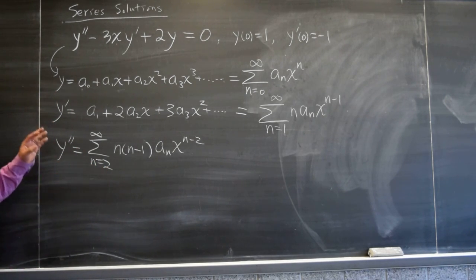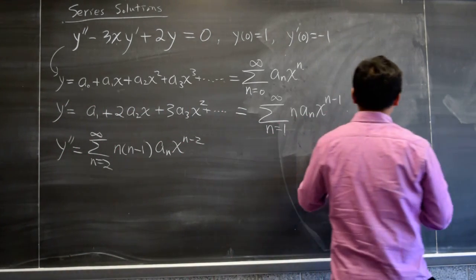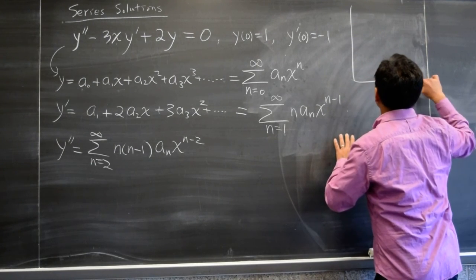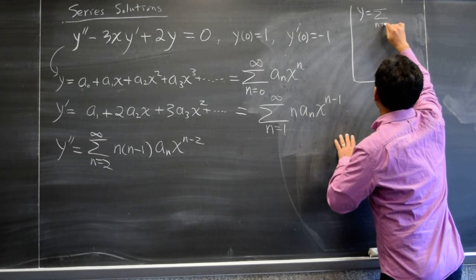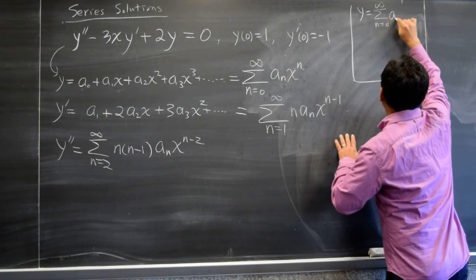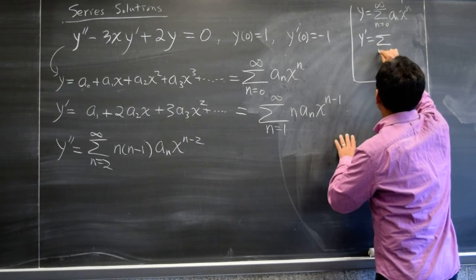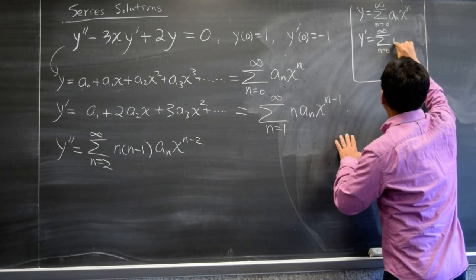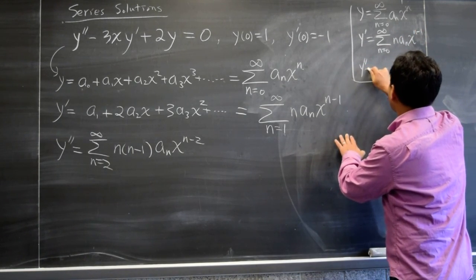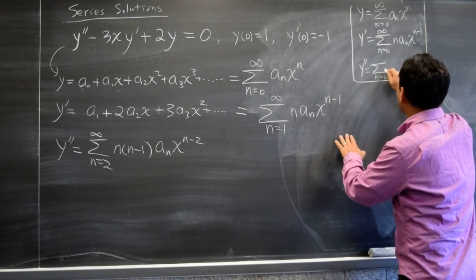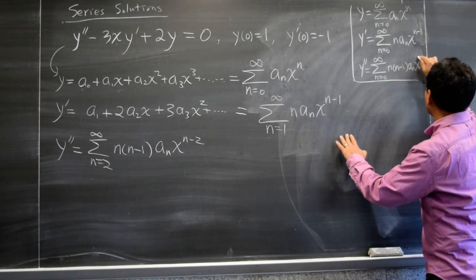Okay. And for the series solutions, this will always be the case. So maybe we should just write it down here: if you set y as sigma n from 0 to infinity of an x to the n, then the derivative is sigma n from 0 to infinity n times an x to the n minus 1, and y double prime will be sigma n from 0 to infinity n times n minus 1 an x to the n minus 2.